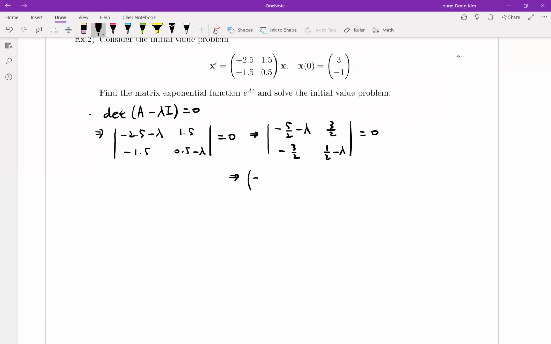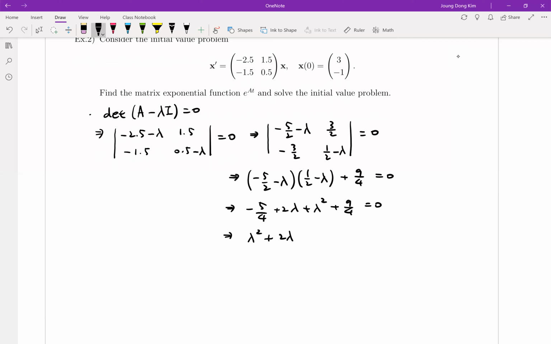That is negative 5 over 2 minus lambda times 1 half minus lambda, plus 9 over 4, which must equal 0. That gives lambda squared plus 2 lambda, minus 5 over 4 plus 9 over 4, which is 4 over 4, that is 1.